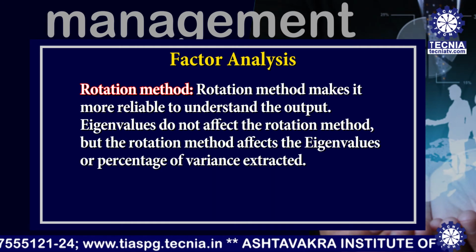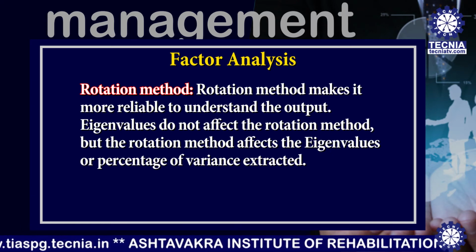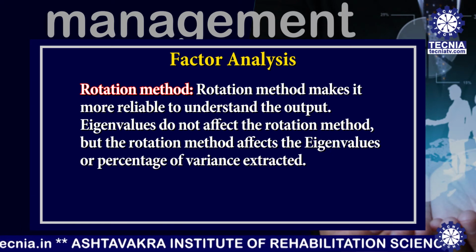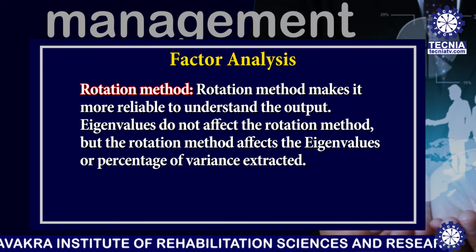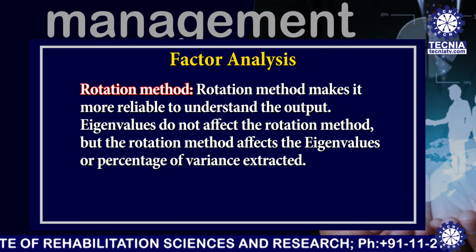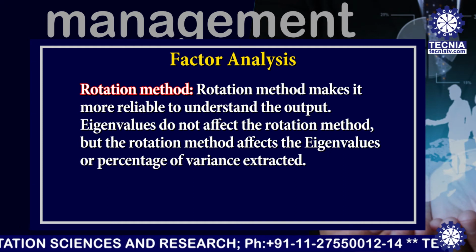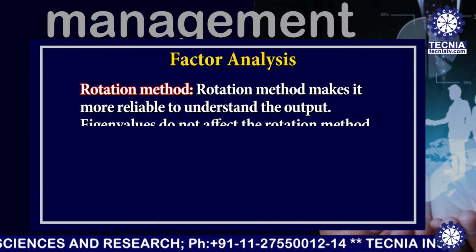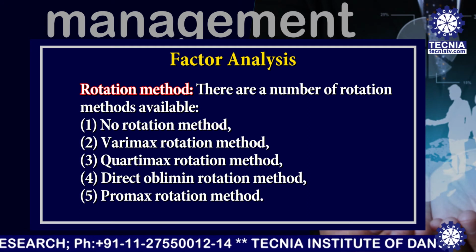Another method is the rotation method. Rotation makes it easier to understand the output. Eigenvalue does not affect the rotation method, but the rotation method affects the eigenvalue or percentage of variance extracted. There are a number of rotation methods available. First one, no rotation.